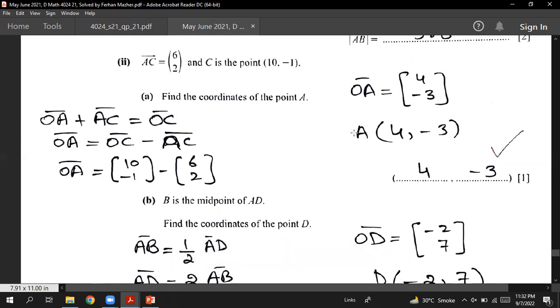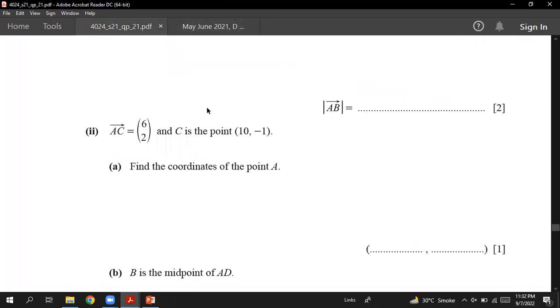So the coordinates of A are, the upper one is x and the lower one is y, 4 comma minus 3. So this is how you find the coordinates of A by applying the position vector formula on AC.